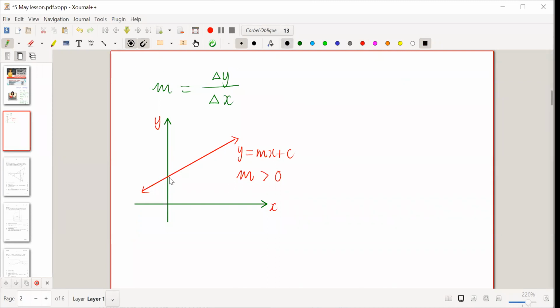And then just to go back to the basics, if this was a point given by x1, y1, and that was a point given by x2, y2, then we know that this formula can be rewritten as y2 minus y1 divided by x2 minus x1, okay?